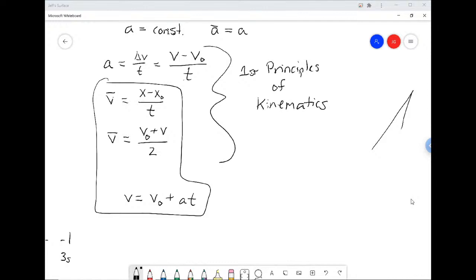Combining these three equations over here, one of the things you get is this new fourth equation: x equals x naught plus v naught t, it's weird, why is that there, plus 1/2 a t squared, okay?